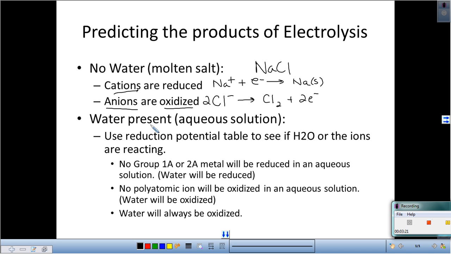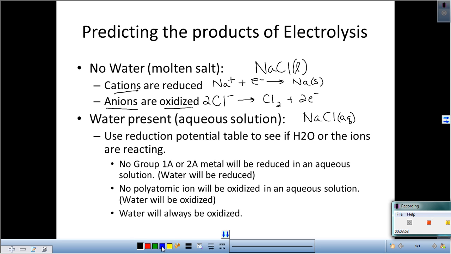If there is water present, we've got a couple of rules we're going to have to follow. So instead of liquid sodium chloride, as it would be if it were a molten salt, let's say instead it's aqueous sodium chloride. Well, think about what's in our beaker.